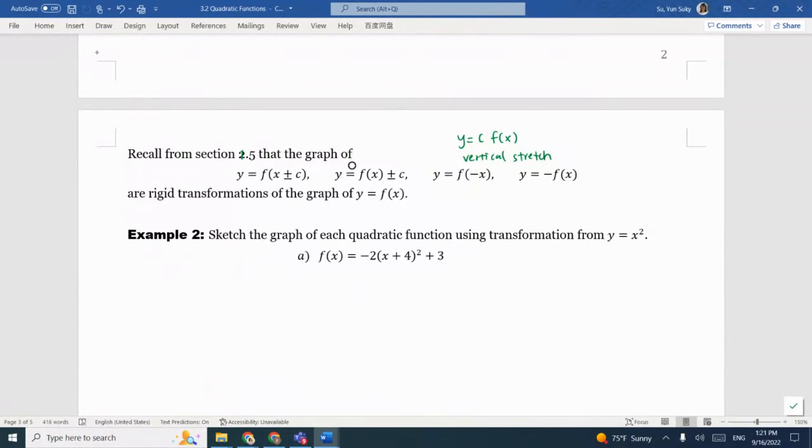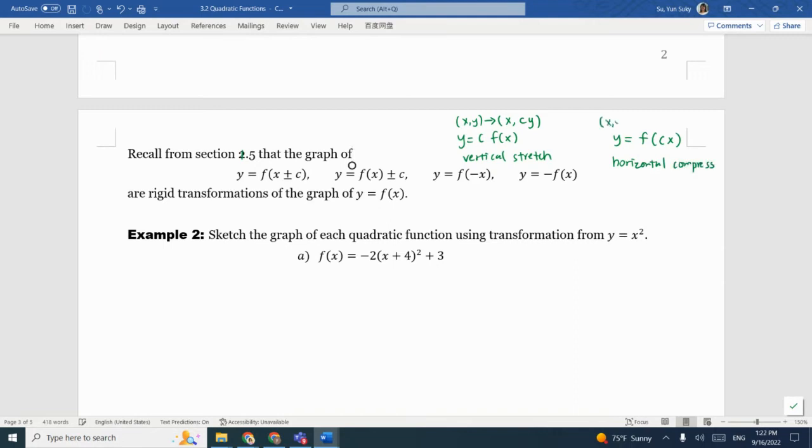Okay, so how would that change the points? The x is the same, but you multiply the y value by c, for all the key points. And last time we also learned f of c times x. What is that? Instead of vertical, you have horizontal compression.